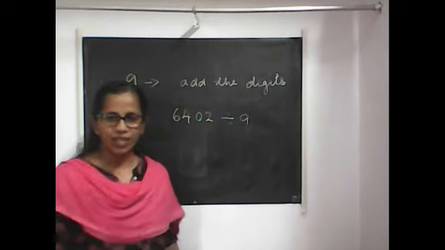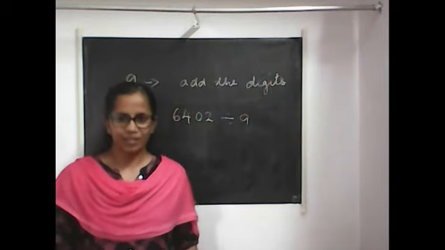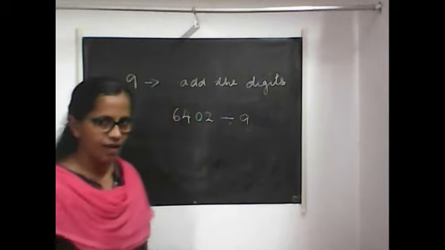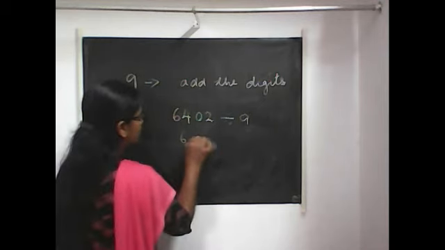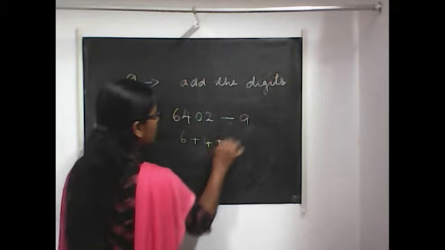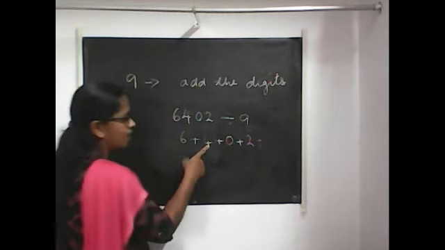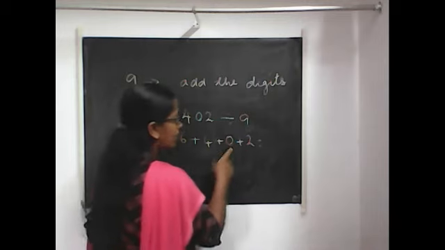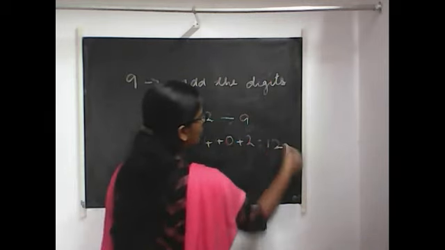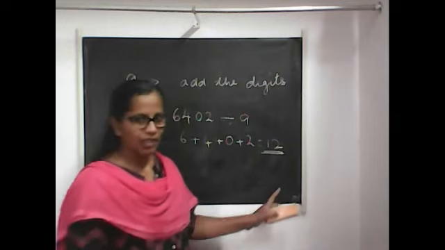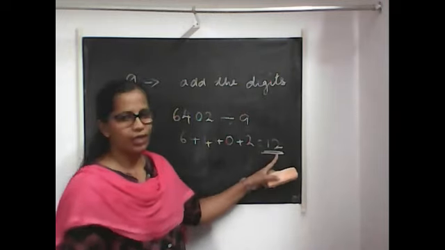For this, the condition is, just like divisibility by 3, add the digits of the given number. That is 6 plus 4 plus 0 plus 2. 6 plus 4 is 10. 10 plus 0 is 10. 10 plus 2 is 12. So you got the sum as 12. After getting the sum, you have to look at this sum only.